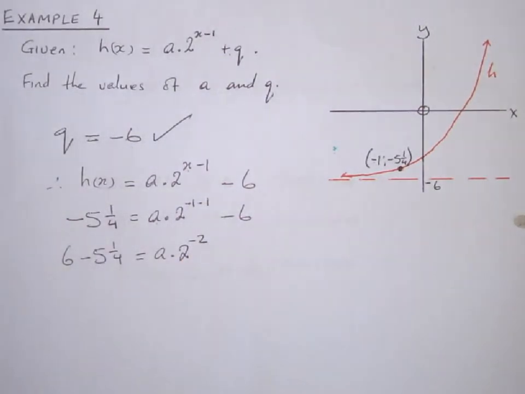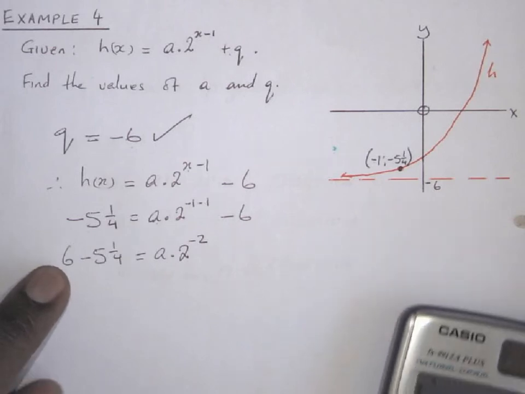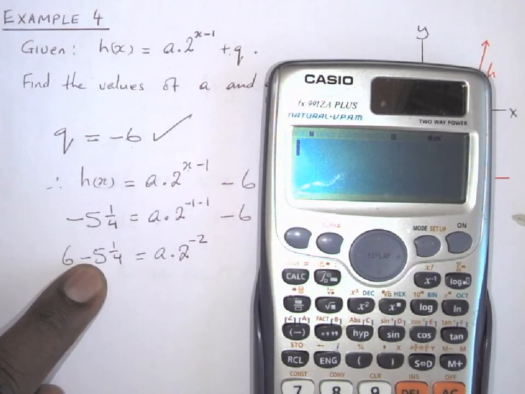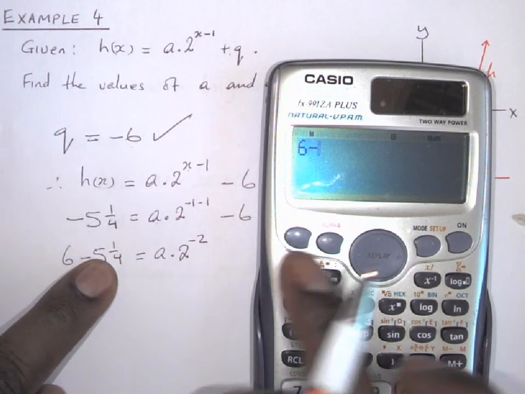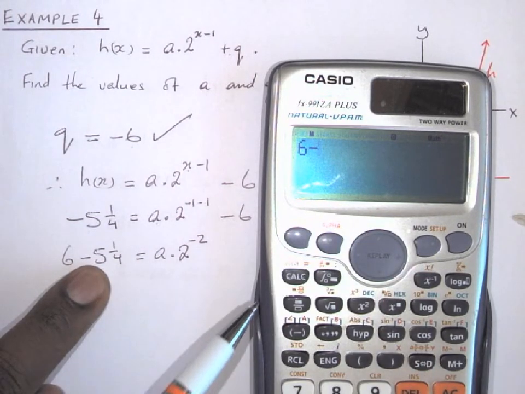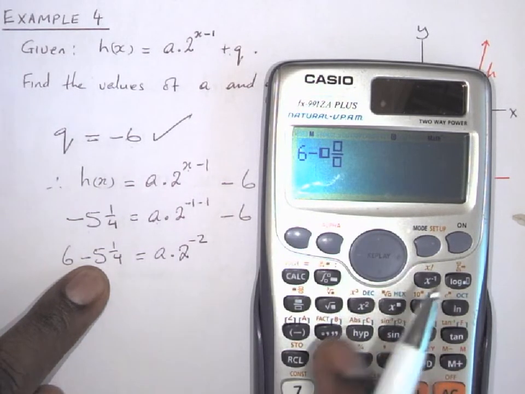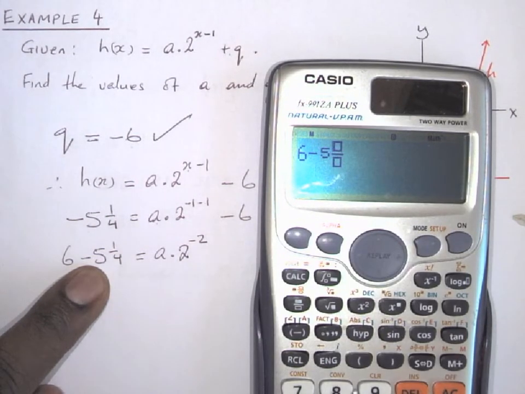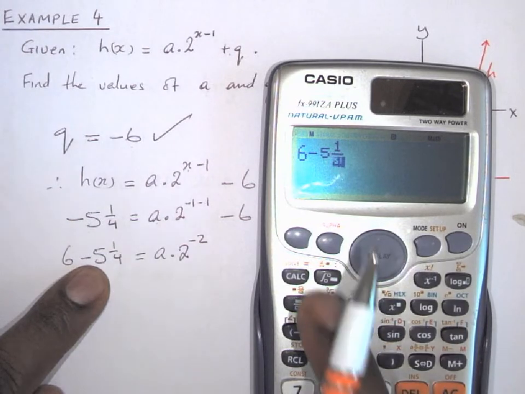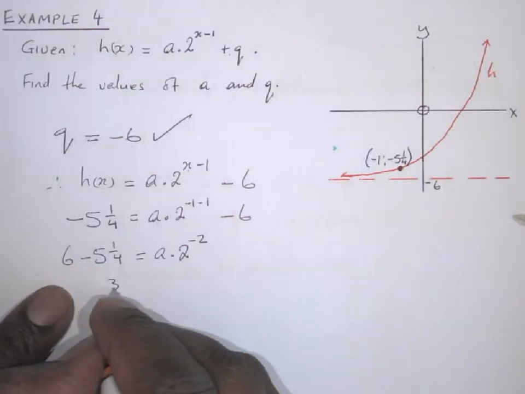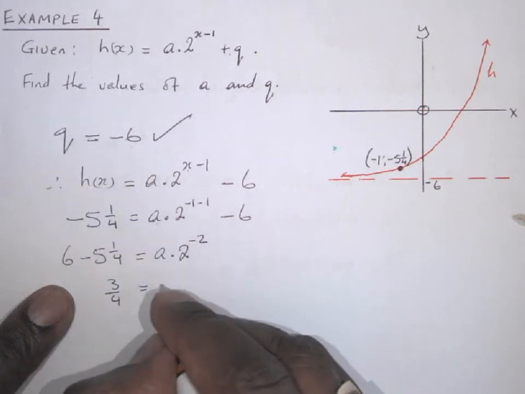Don't make a mistake and say 0. Now, what is 6 minus 5 and a quarter? Check on the calculator if you don't know: subtract 5 and a quarter from 6. The answer is 3 over 4.